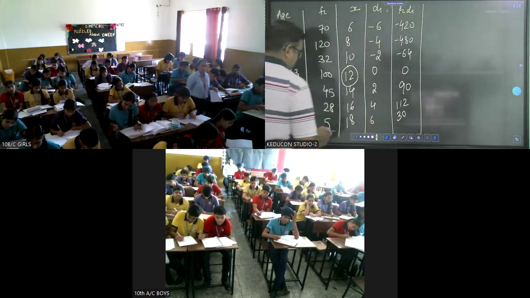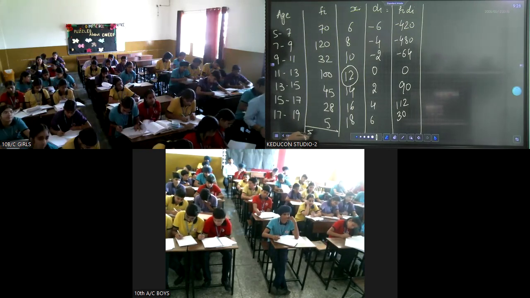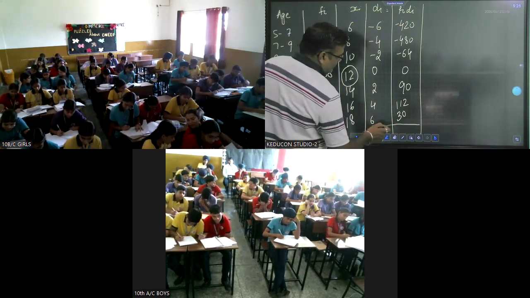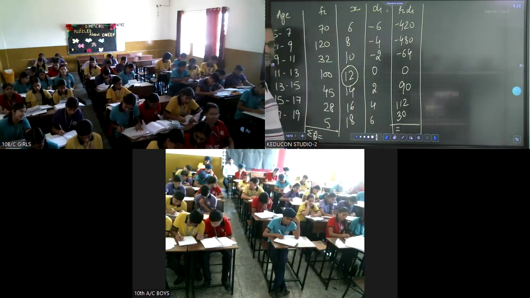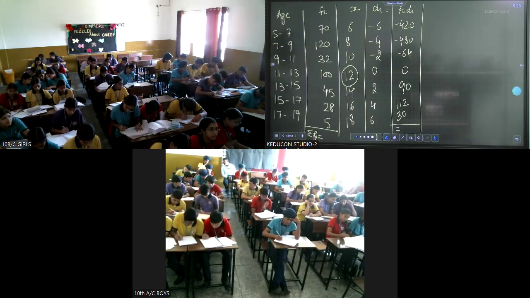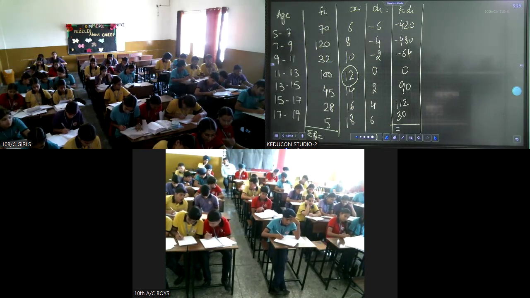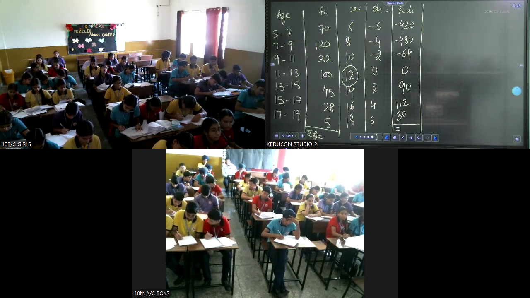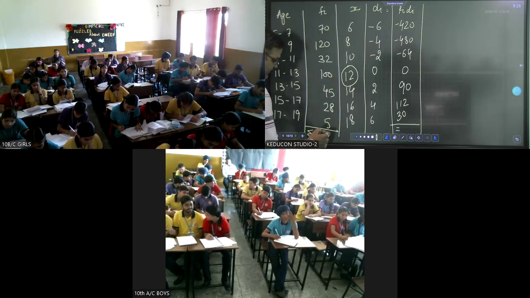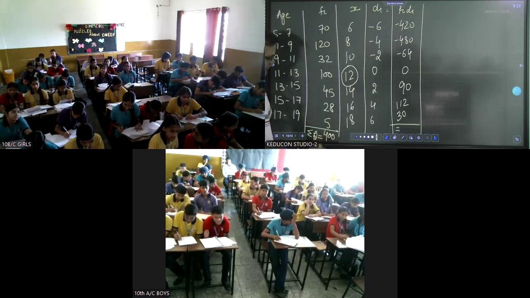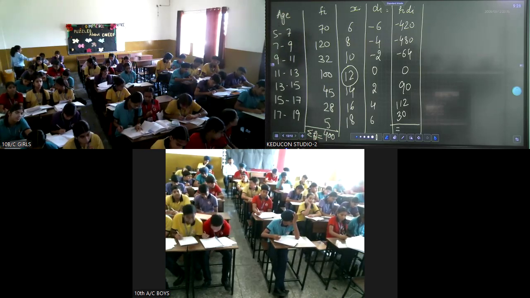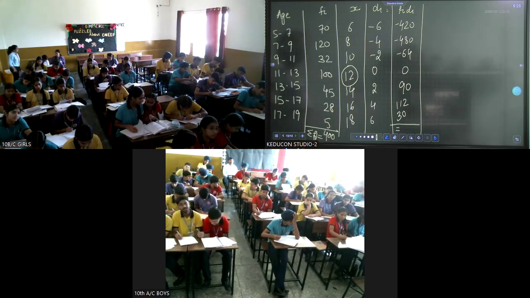Now calculate two things, students. One is summation fi, which is already given, and summation fi di. Please tell me these two values. What is summation fi? 400. It is already given, the number of students is summation fi. What is summation fi di? Calculate and tell me quickly, children.